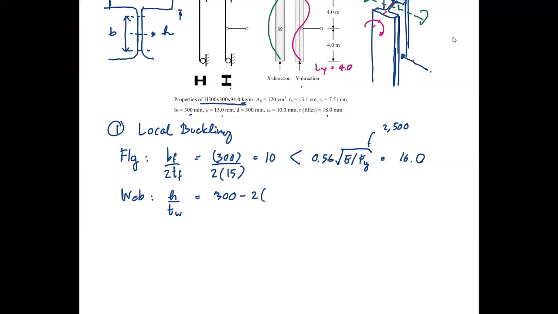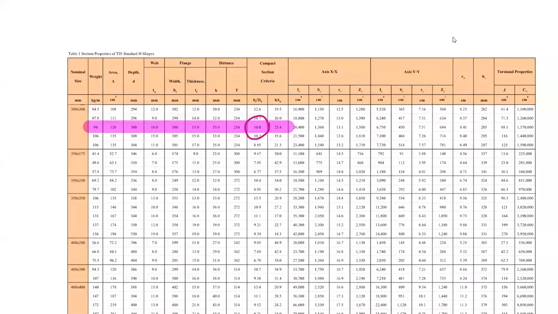So that's 15 plus 18. Then divided by the thickness of the web, which is 10. This turns out to be 23.4. Again, if you come and look at the steel table, you see that is 23.4, right? Now it looks like eyeglasses here. Okay.